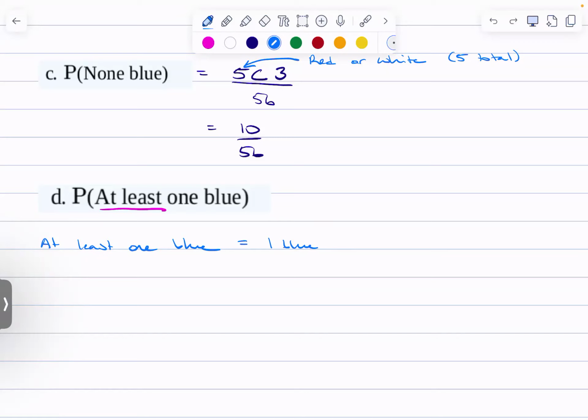Oops, not plus, I should say, and two non-blues. Or two blues and one non-blue. Or three blues. Or.